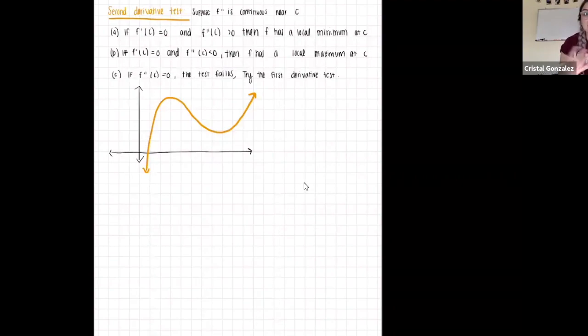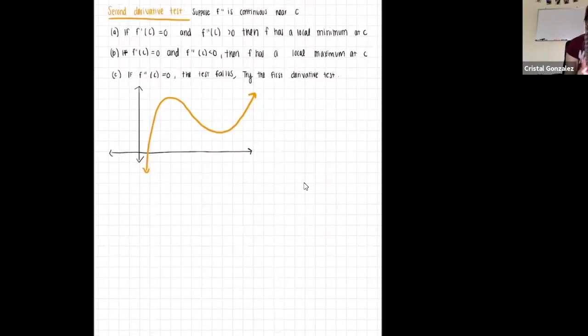That has a lot to do with the fact that when we find the concavity of a function, we can determine the shape of the graph. For example, here I can tell that we are concave downward, because it makes that kind of sad face shape, and then it starts to become concave upward.